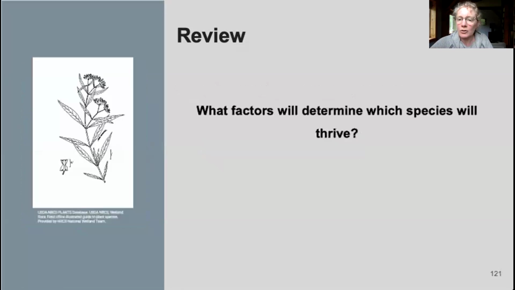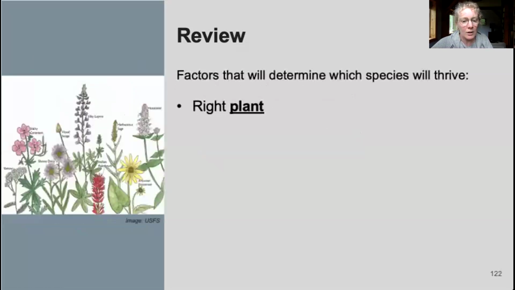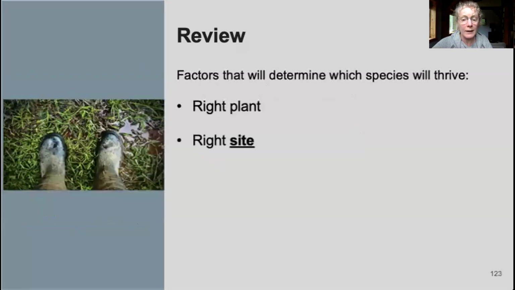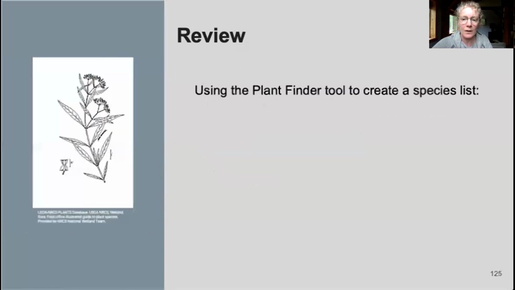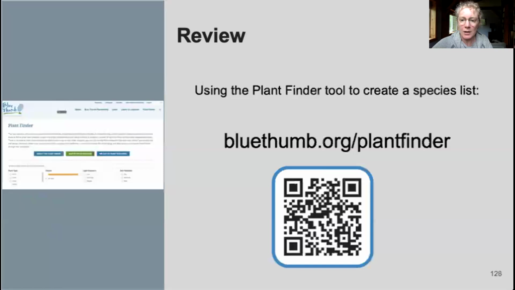And what factors will determine which species will thrive? Well, we talked about making sure we have the right plant for the right site for the right project, and then using the plant finder tool to create a species list. You're going to go to bluethumb.org plant finder.